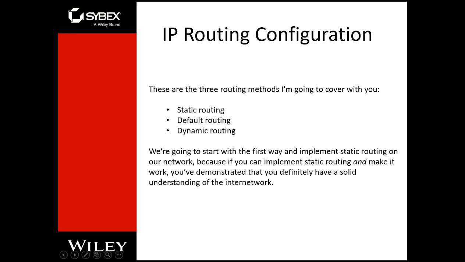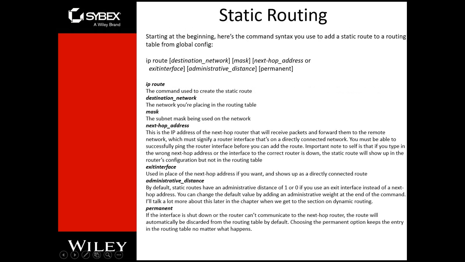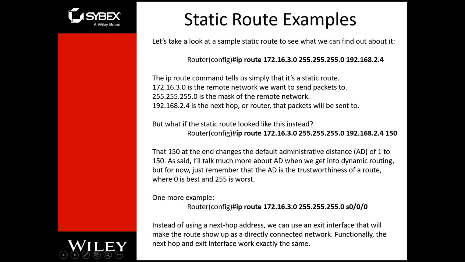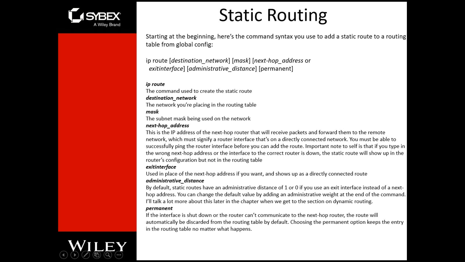So dynamic routing is done with routing protocols. Static routing is set up by the administrator, and default routing specifies for any network where we don't know how to get to, this is going to be the default route out. Here is a static route command. Oh, sorry.